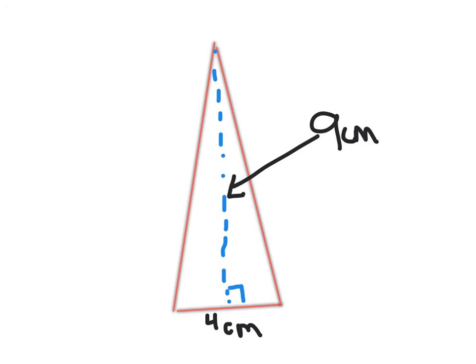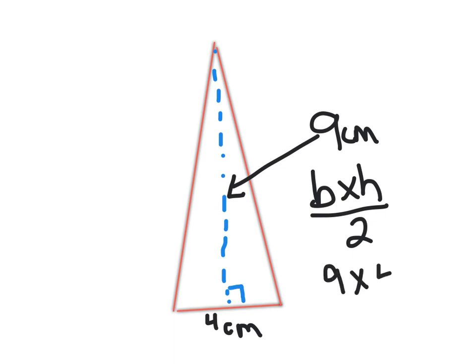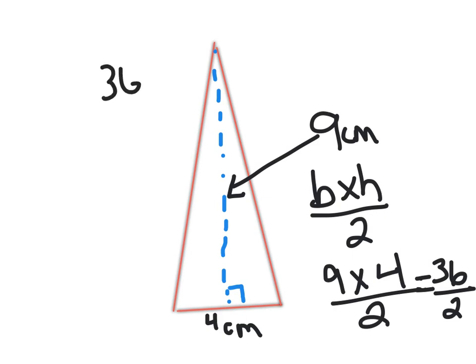Let's try one more for some practice. Remember, our formula is base times height divided by 2. You should be writing this in your notebook. 9 times 4 2, plugging and chugging. 9 times 4 is 36, and the bottom is bigger than the top, so that top falls into the house.